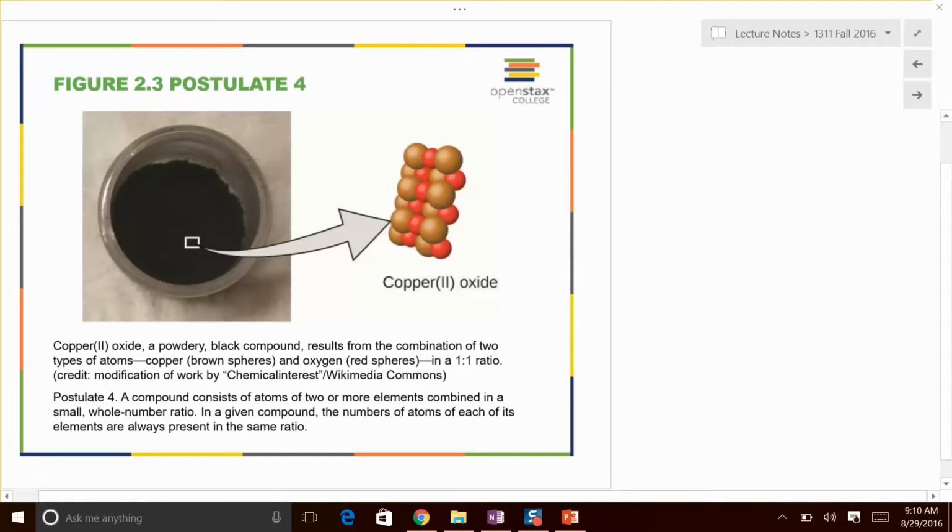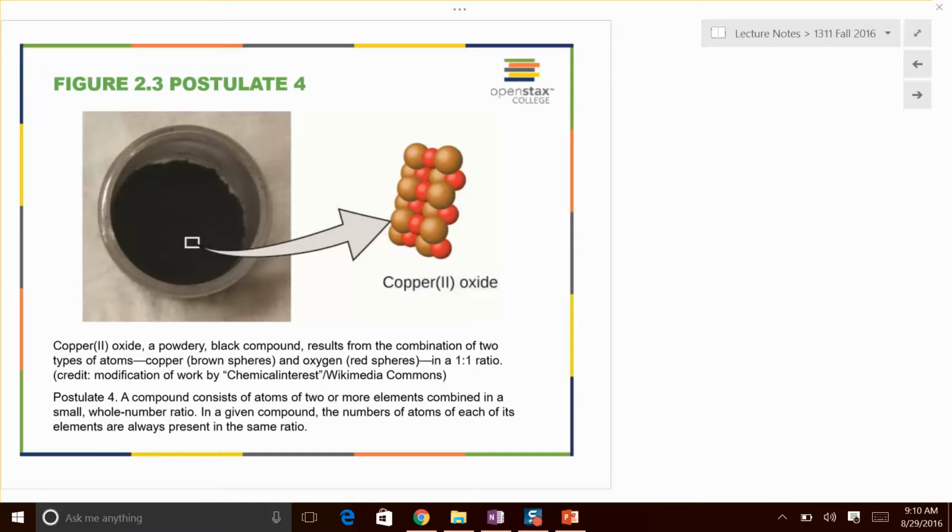Postulate 4. A compound consists of atoms of two or more elements combined in small whole number ratios in a given compound. That's true. When I react something together, here the copper is reacting with the oxygen, and it forms copper 2 oxide. It has exact ratios.